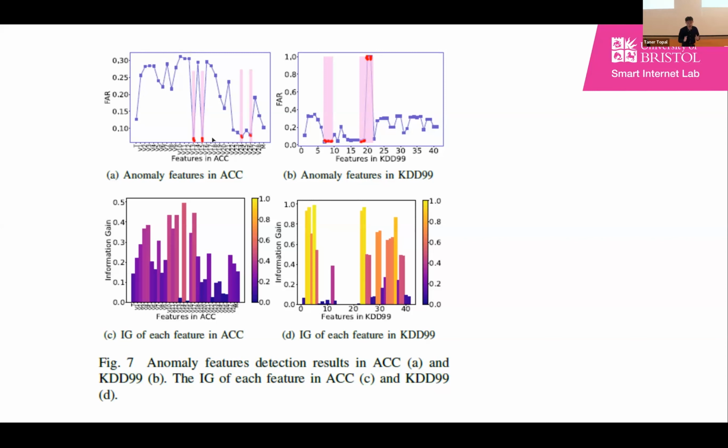For example, in the ACC dataset, different features have different feature average relevance, and we can see the corresponding picture. With lower feature average relevance, the information gain of the feature is relatively low, because it's not related to the others and not quite connected to the whole feature expression.